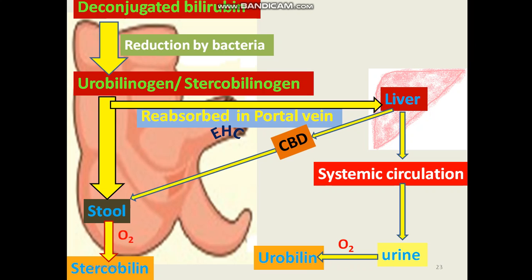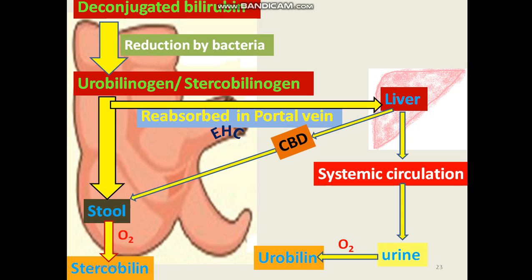This is deconjugated bilirubin, which is reduced by the bacteria present in the intestine or colon. This deconjugated bilirubin is converted to urobilinogen or stercobilinogen. This stercobilin is released in the stool, and urobilin is excreted with the urine.